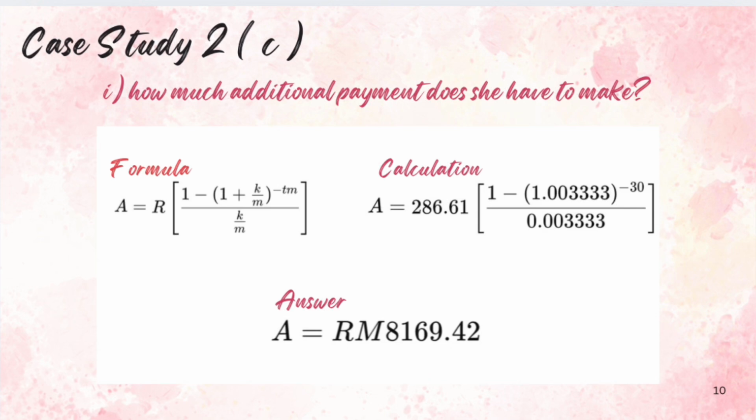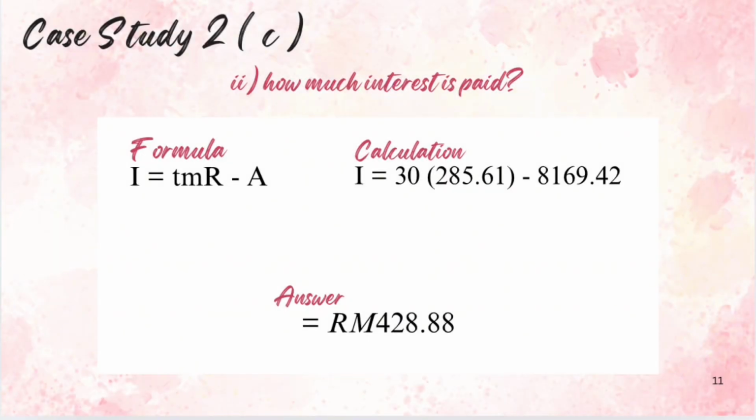And the value inserted is 286.61 multiplied by the fraction open bracket 1 minus open bracket 1 plus 0.04 divided by 12 raised to the power of negative 2.5 times 12 close bracket divided by 0.04 divided by 12. And the final answer is RM 8169.42.